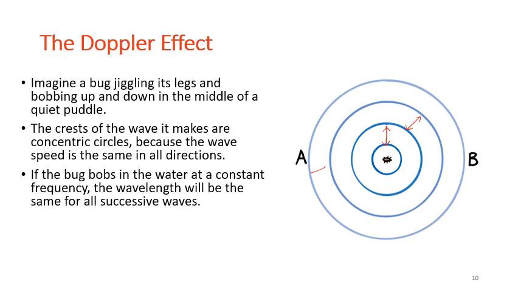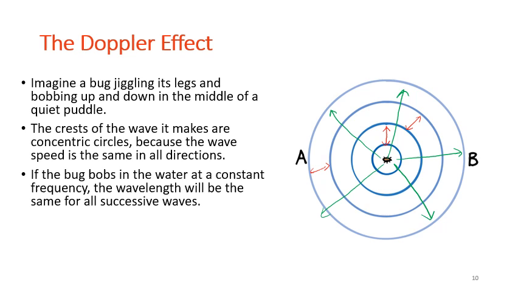The wave fronts are moving away from the bug. If I draw this, you can see these are the wave front directions, and they are moving away from the bug.